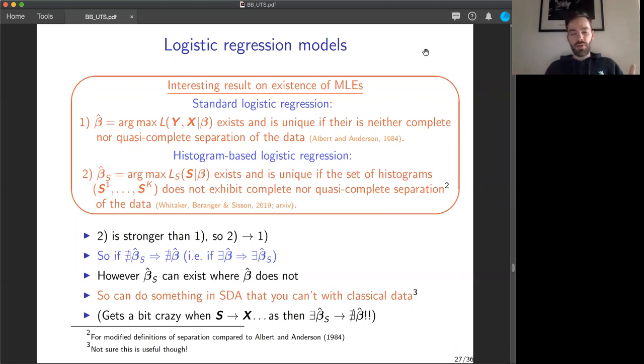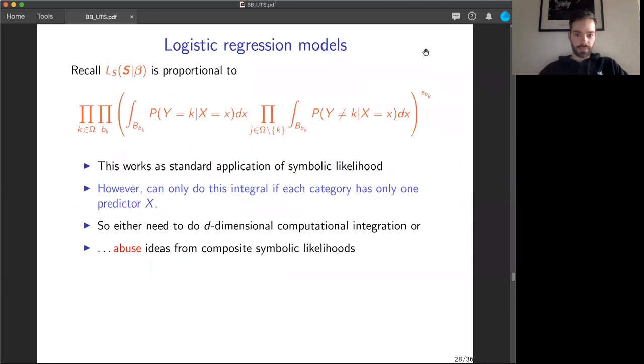It gets a little bit crazy if you think of the sanity check that I was talking about, where you take the symbols to converge to the underlying data, because then the existence of the MLE at the symbol level implies that there is none. So it gets maybe a little bit tricky, but I think it's definitely worth investigating.